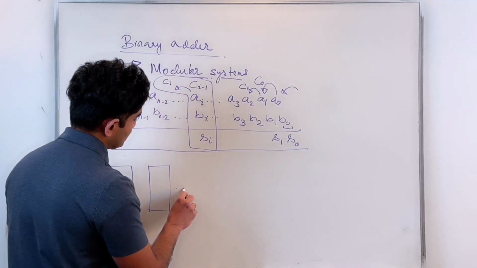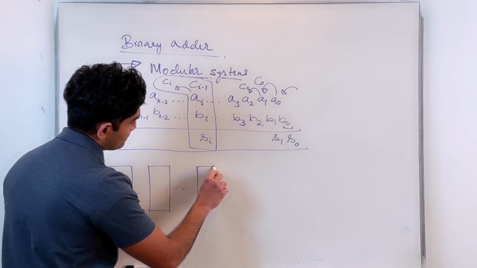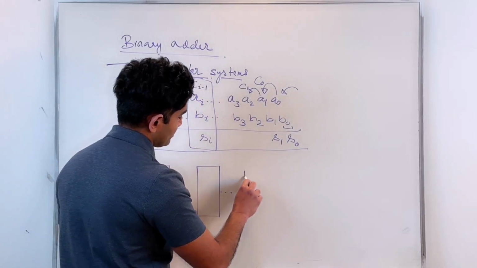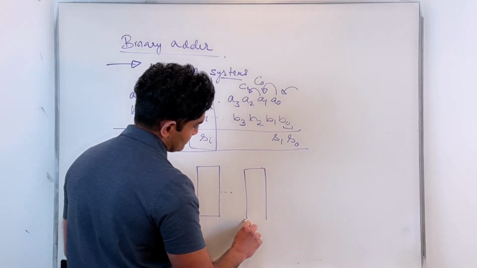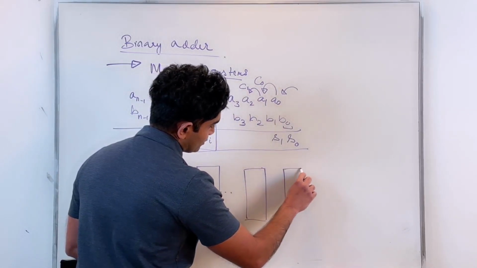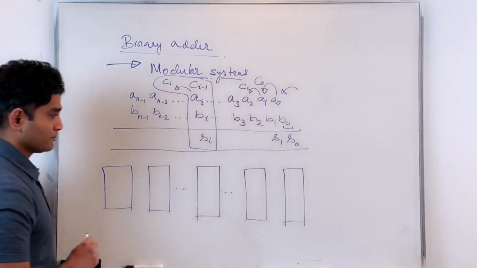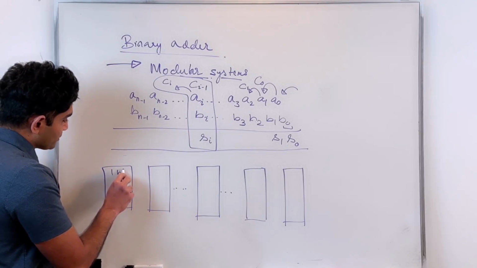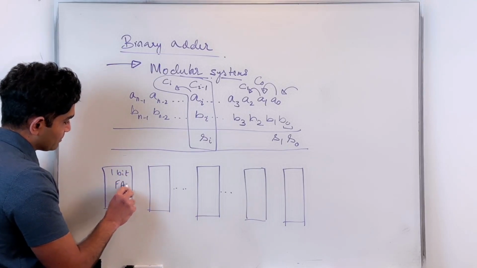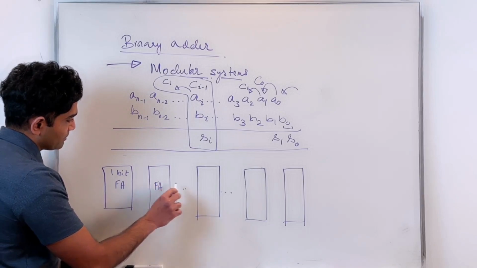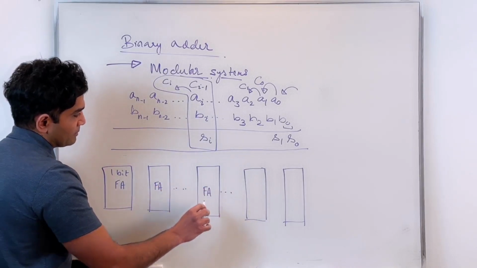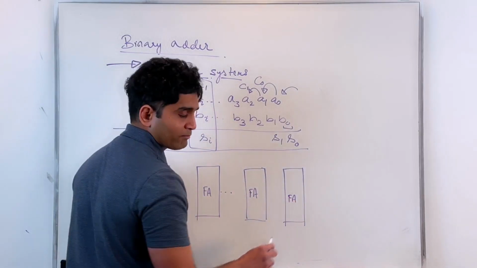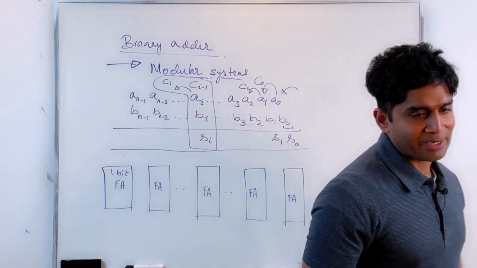That's the 8th bit position, and so on. I have n of these 1-bit full adder modules. I'm just going to say full adder that we just designed. Identical modules, all I've done is copy and paste them. I have n of those.